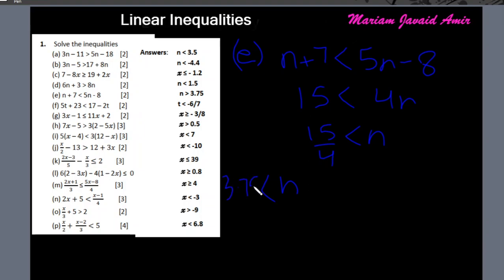So either write it like this or n is greater than 3.75. Since n has the two ends of the inequality, that means n is bigger, and 3.75 has one end of the inequality, so it is smaller. That's how I tell my students to remember how to read this. Both mean n is greater than 3.75.